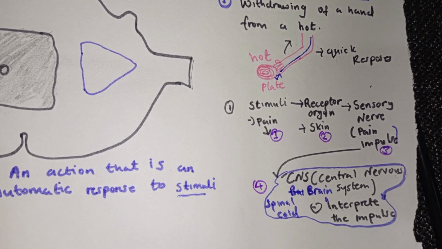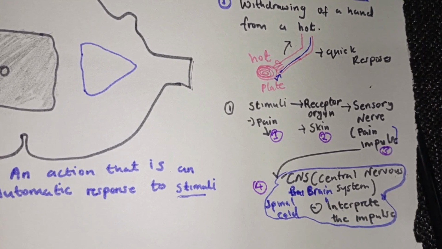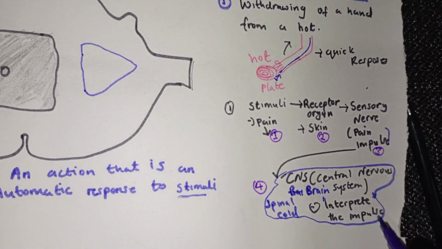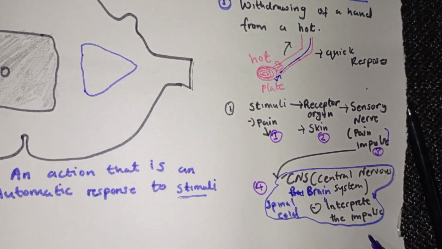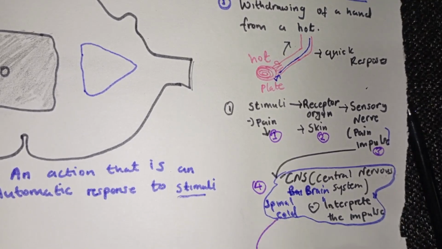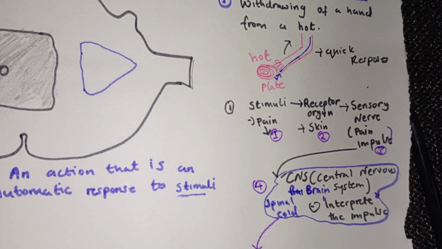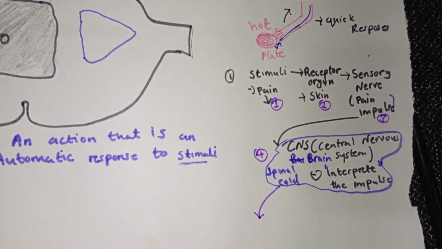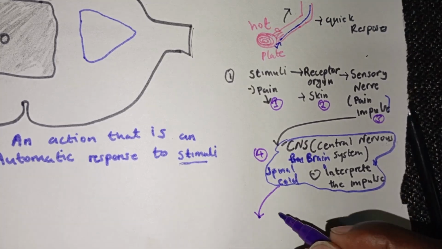Now after the brain interprets the impulse, it will send it back. Apart from the sensory neuron, you now have the other neuron, which we call the motor neuron.